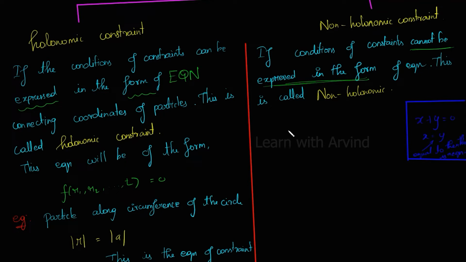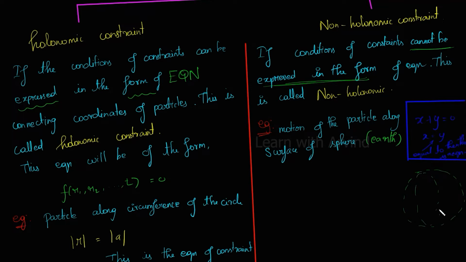Now let's see an example for non-holonomic constraint: motion of a particle along the surface of a sphere, which is a special case of the earth. Generally, one might think we could tunnel inside the earth, but think of yourself, you could not go inside the earth. If P is the point at which you are standing, you could jump above the earth, you could stand on the surface of the earth.